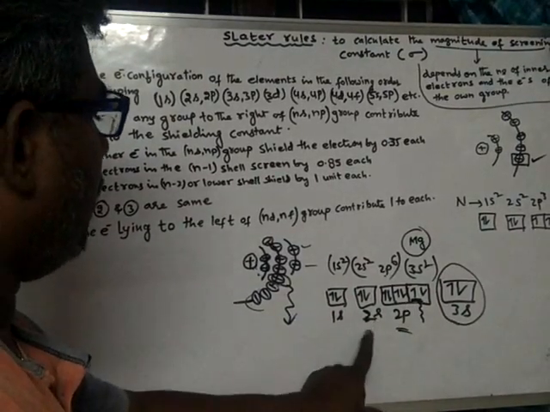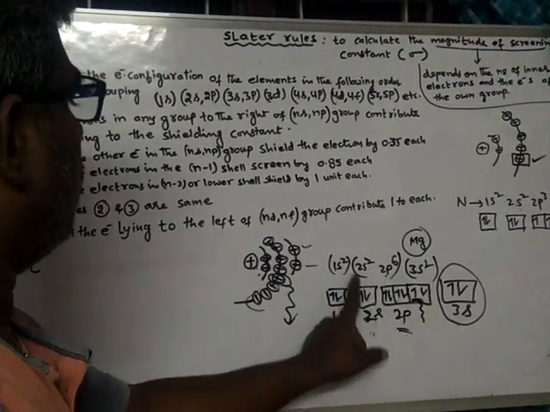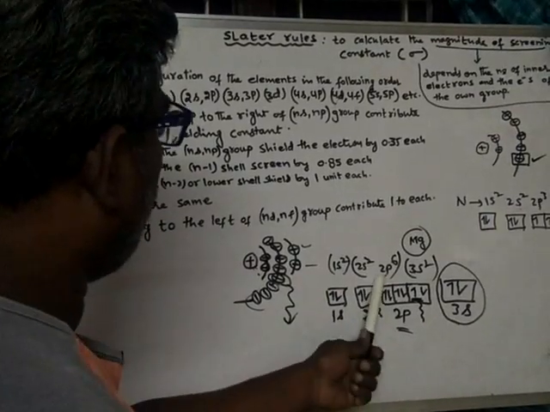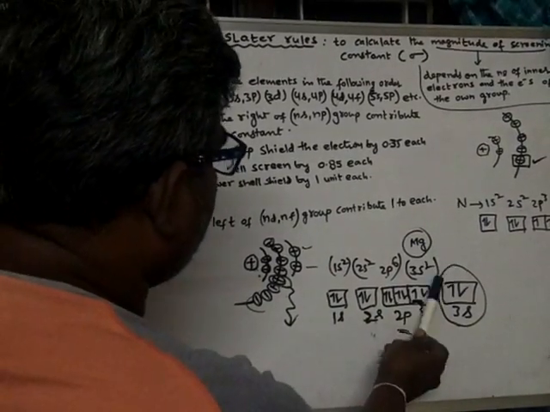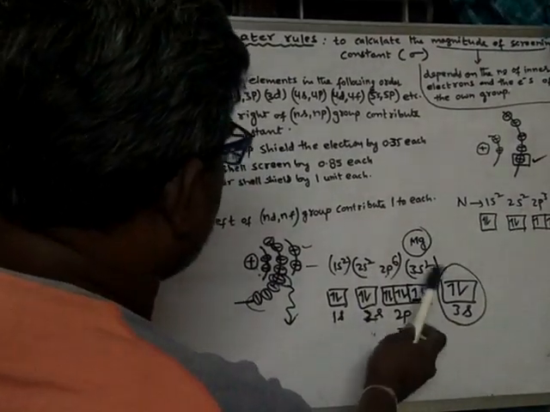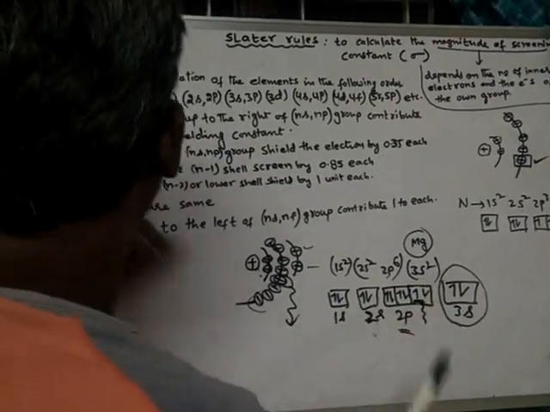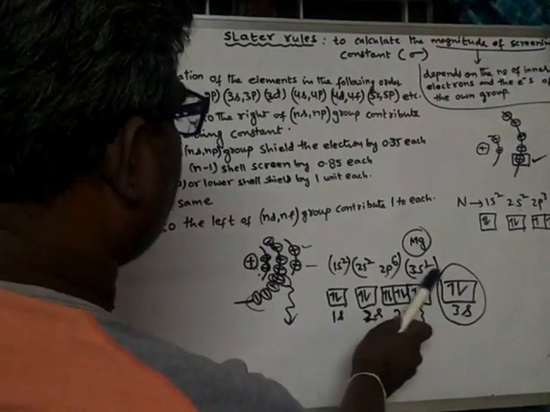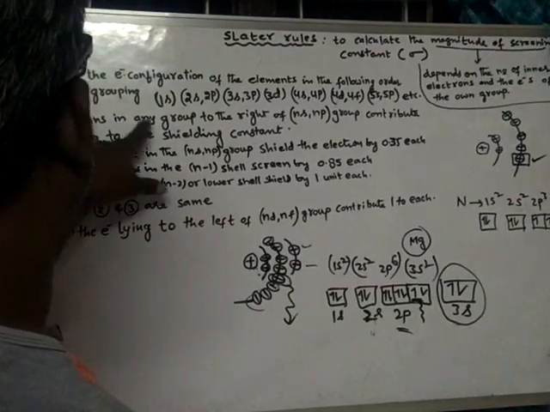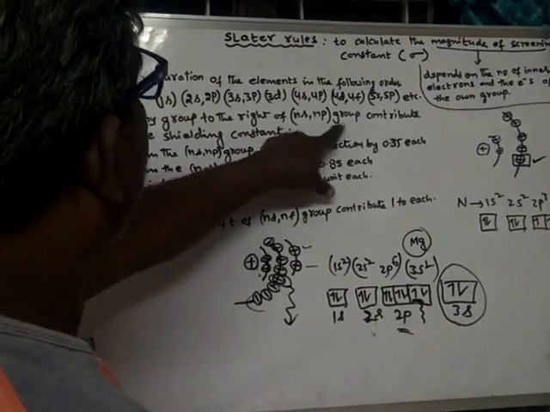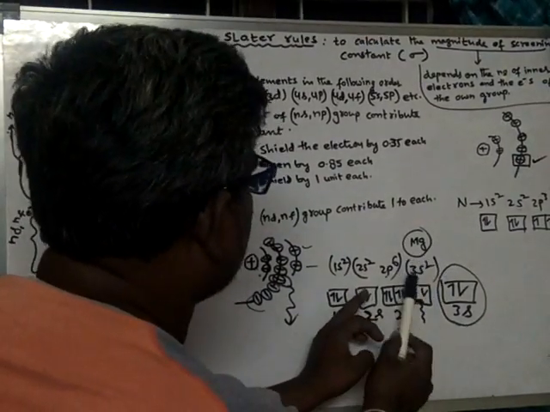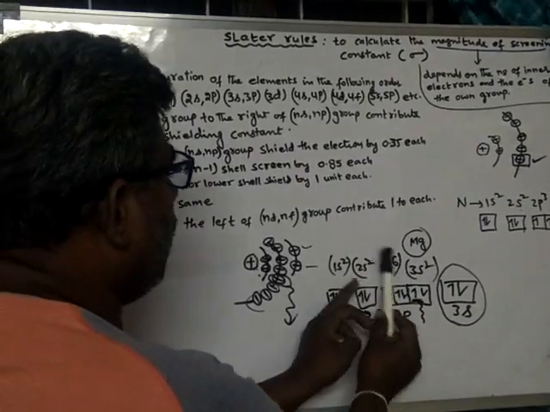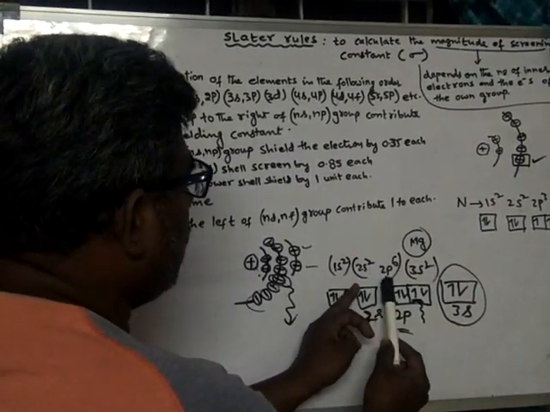This electron is present in the 2s and 2p group, so this group is on the right side. So the second rule is telling about this: electrons in any group to the right of the ns-np group. That means this group is towards the right side of the ns-np group.